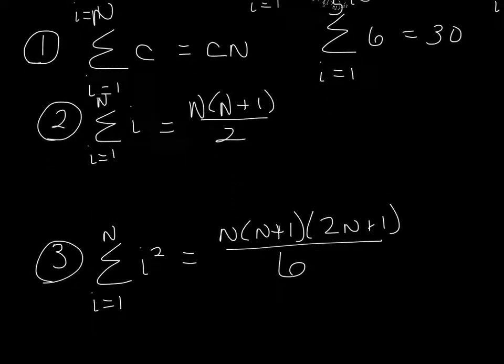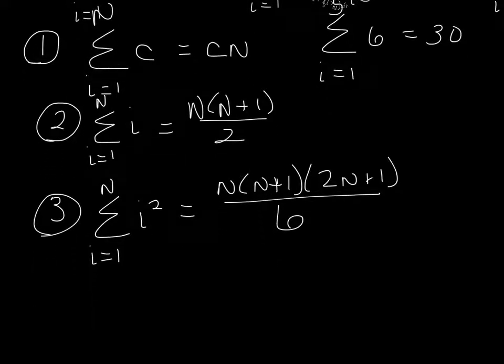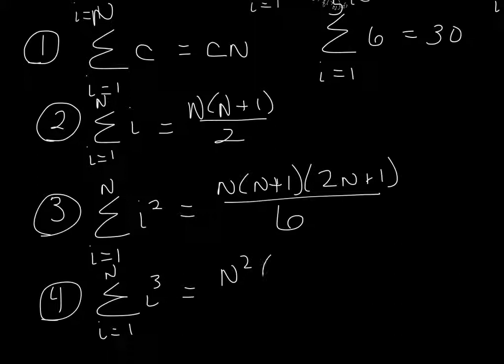And then the fourth one is if we have the sum, again, from i equals 1 to n of i cubed. This is n squared times n plus 1 squared over 4.